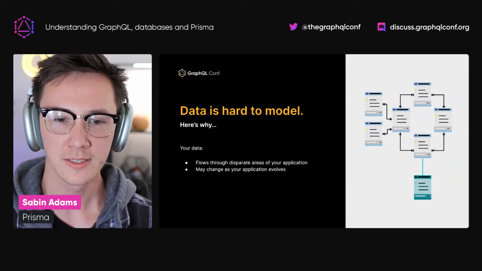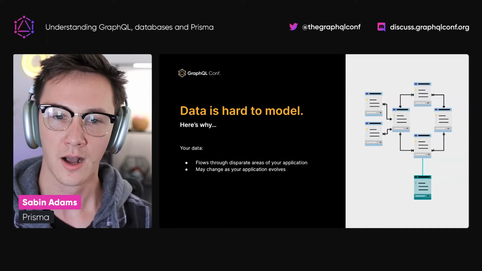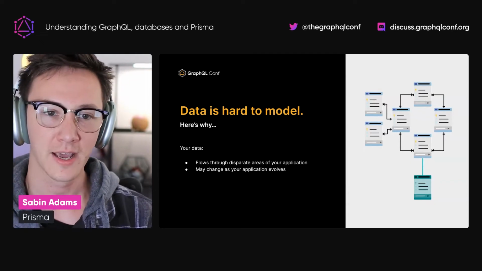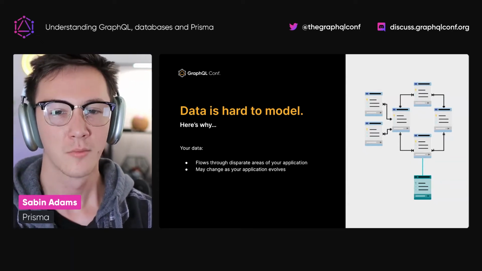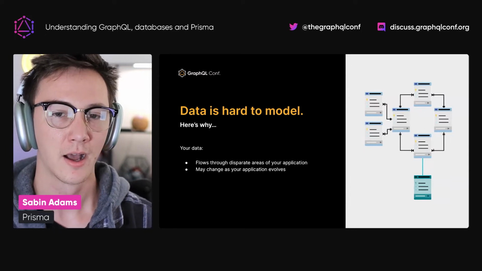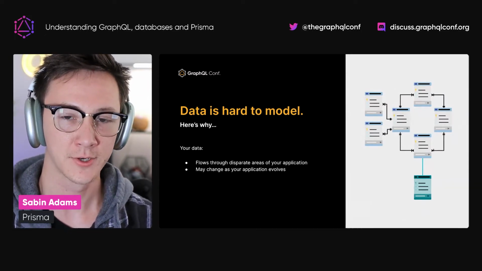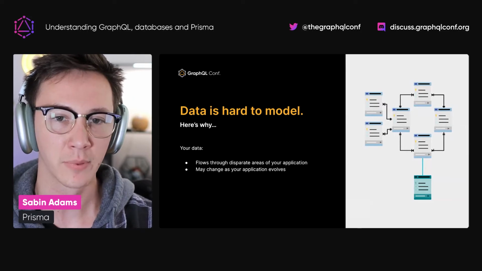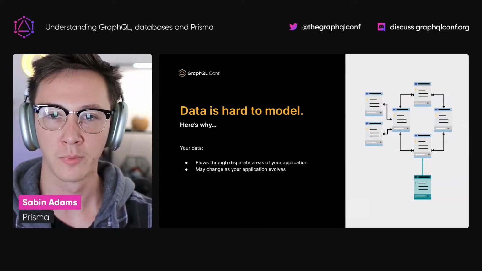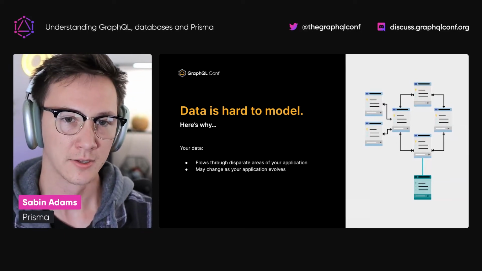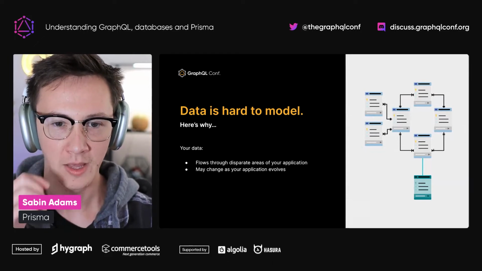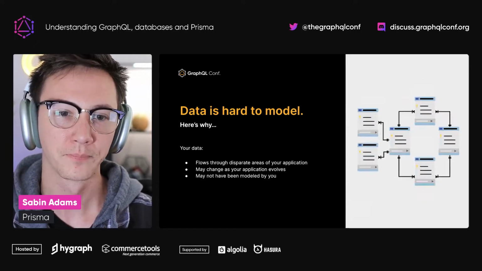But as far as the data goes, this complexity also has some negative effects. It makes it harder to model your data, because now you have to also keep in mind what might happen if you change your data set. Will that tank your entire application? Will your data model be able to handle these kind of changes? So keeping that in mind is another thing that makes your data hard to model.